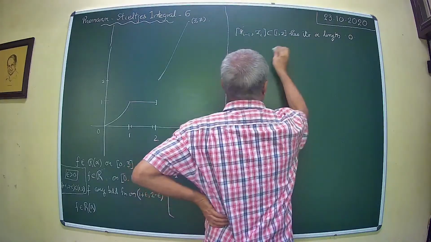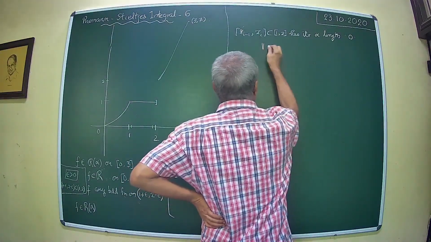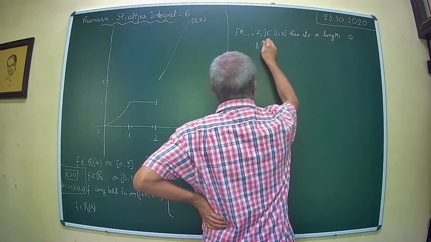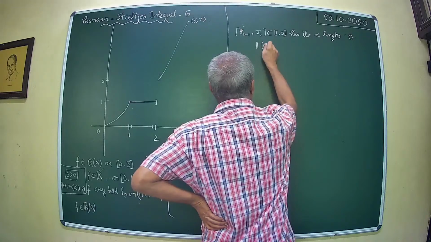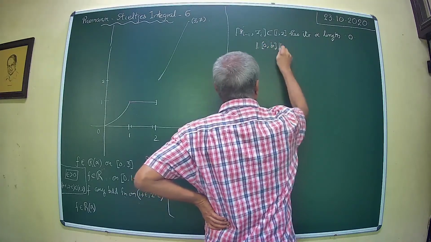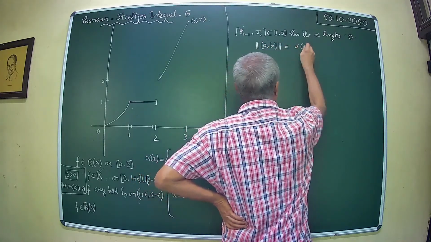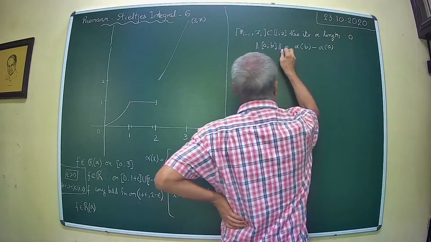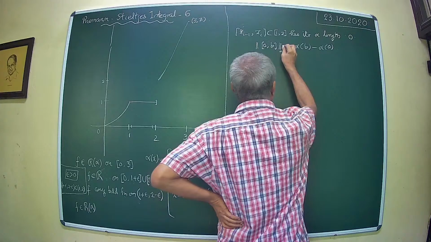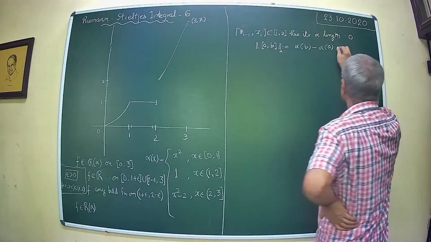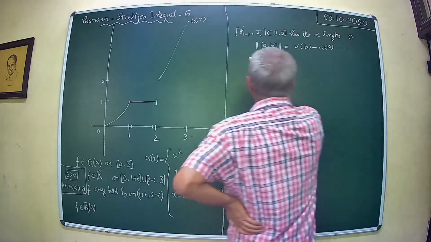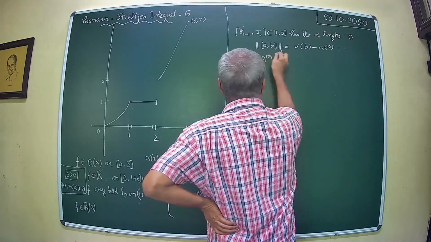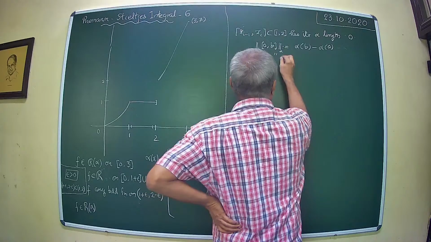You can write this, I use this notation, and you put alpha here to designate it. So this is called the alpha length of the interval.